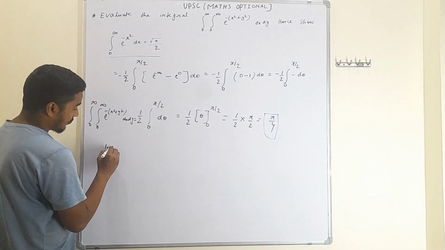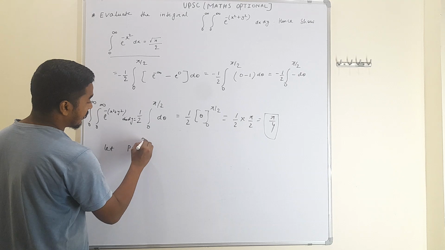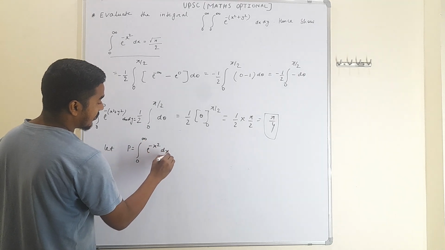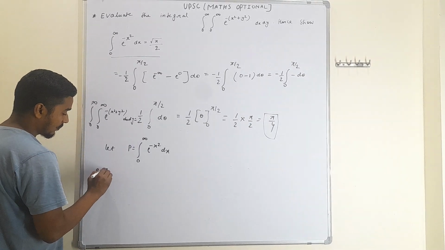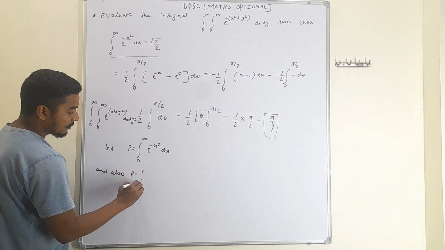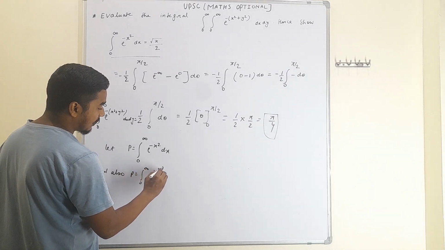Let p is equal to 0 to infinity e to the power minus x square dx, and also p is equal to 0 to infinity e to the power minus y square dy.